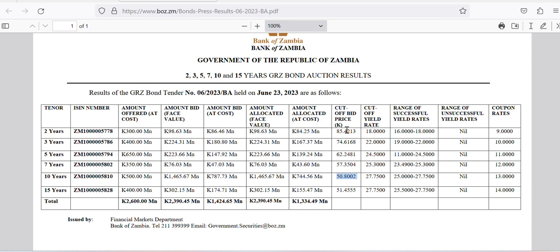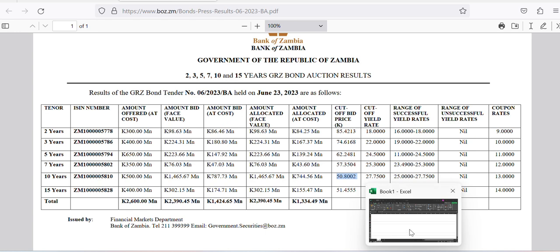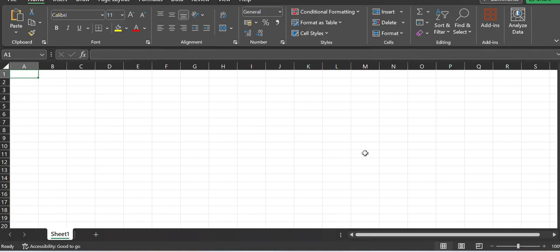This is the cost per 100 kwacha, and then the coupon rate. This is the interest that is used to calculate your coupons, which come twice every year. So how does this all work? I'll bring up my Excel.